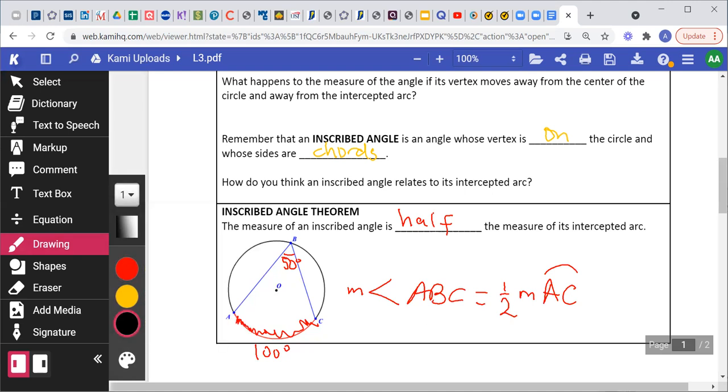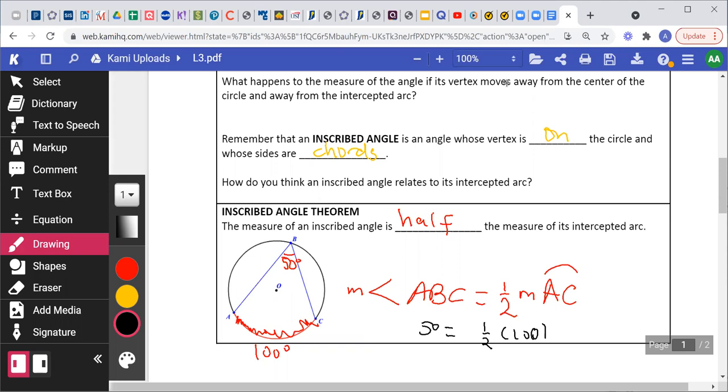Because ABC is 50, and if you do half times AC, the arc AC is 100. 100 divided by 2 is 50. So the measure of an inscribed angle is half of the intersected arc.